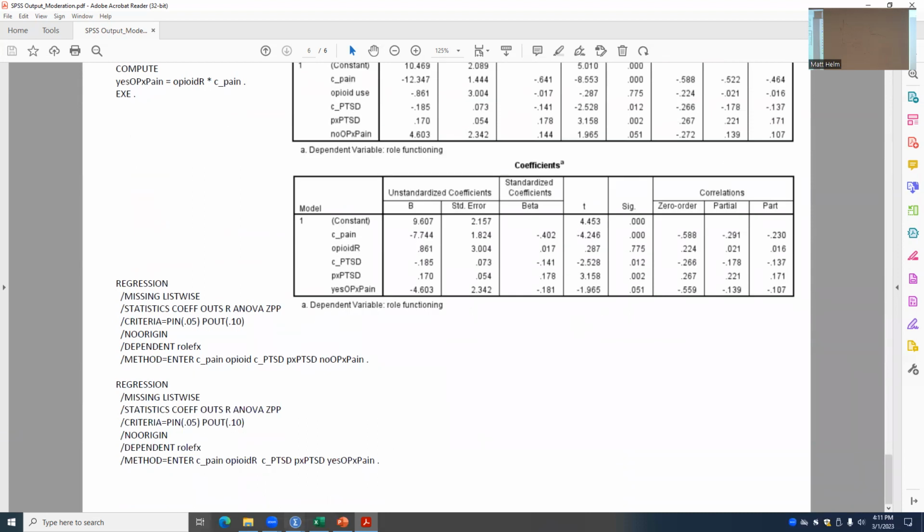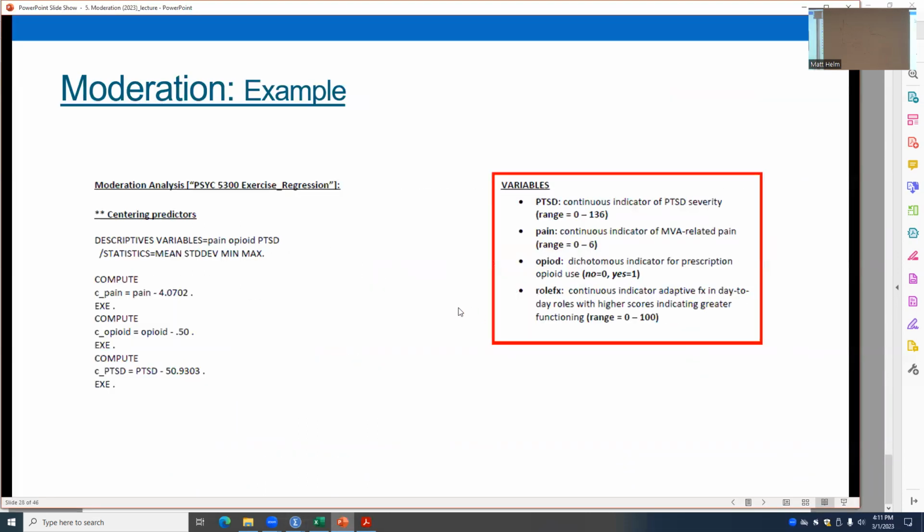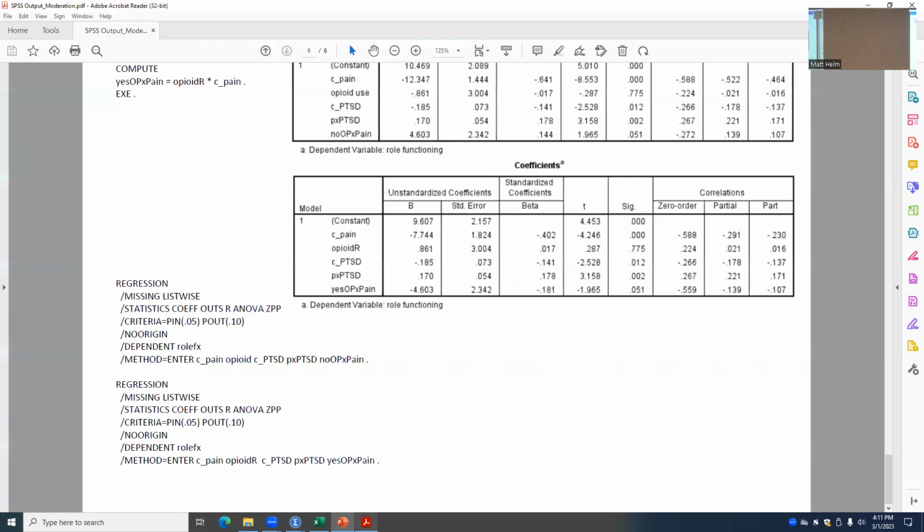Okay, so with these moderation examples, I have one last question. When you hand calculated the simple slopes, that's what we change.